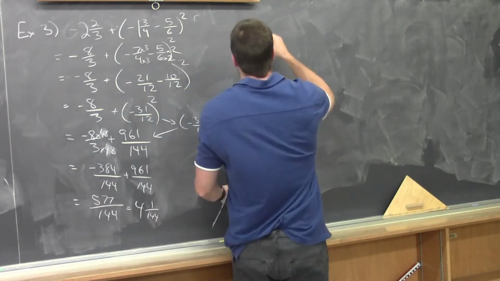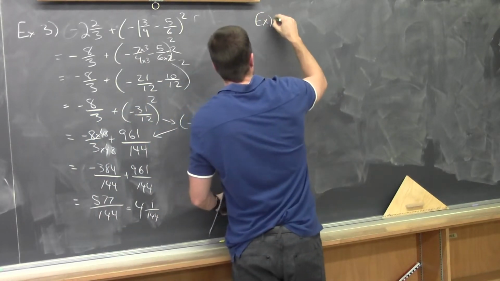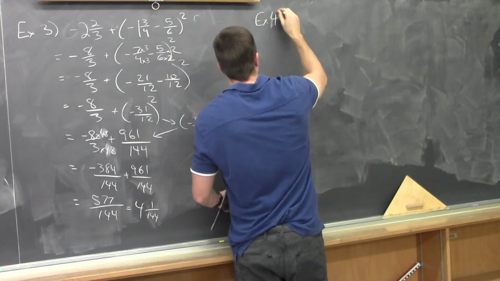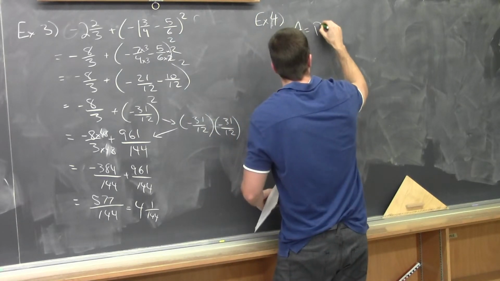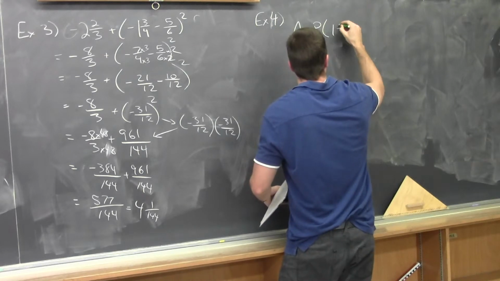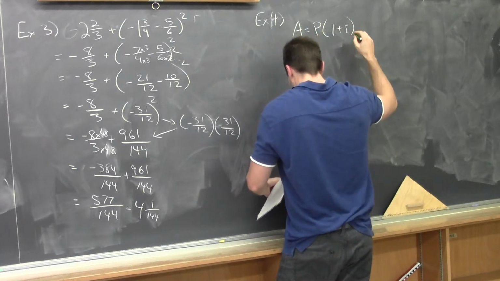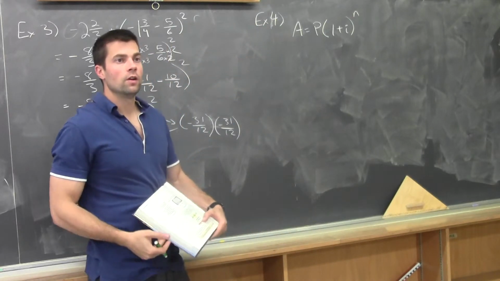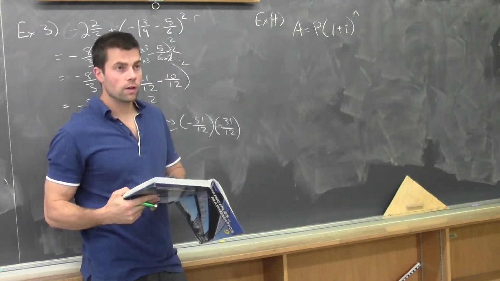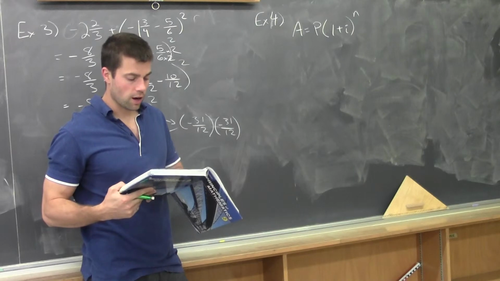So, in example 4, they give you this equation. They say the amount that she invested will be equal to the principal amount that she invested multiplied times 1 plus the interest rate she's gained, all raised to the exponent of n, which is the time.